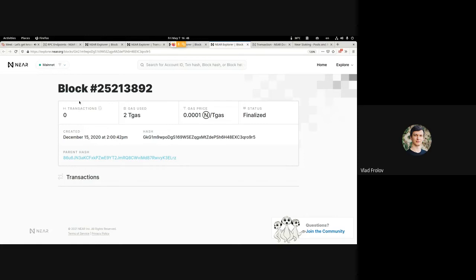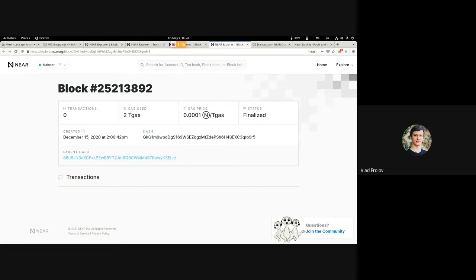And currently in Explorer, we do not display receipts. We only display transactions. It's a bug. Well, a missing feature to display receipts here. We'll need to fix it.